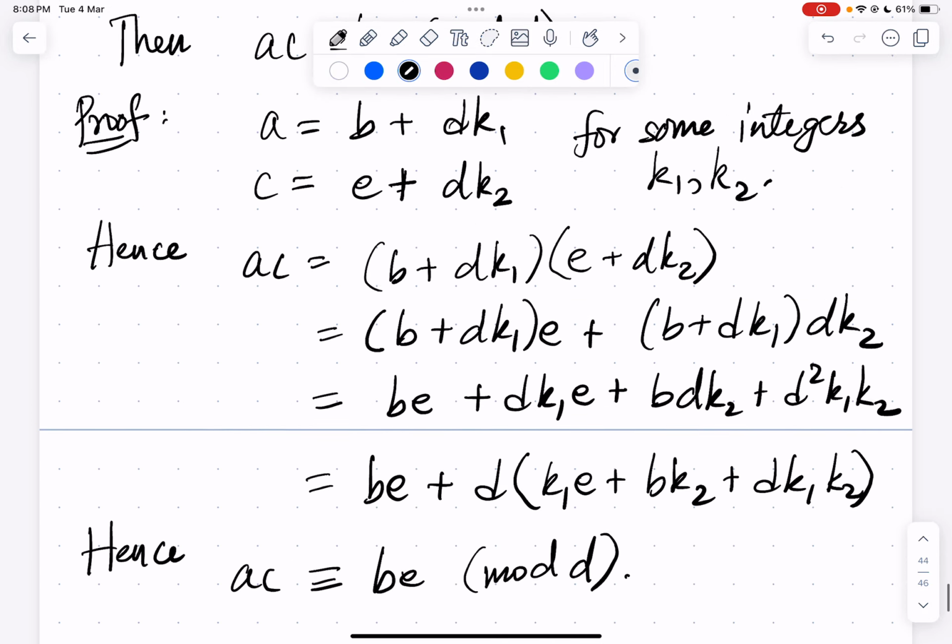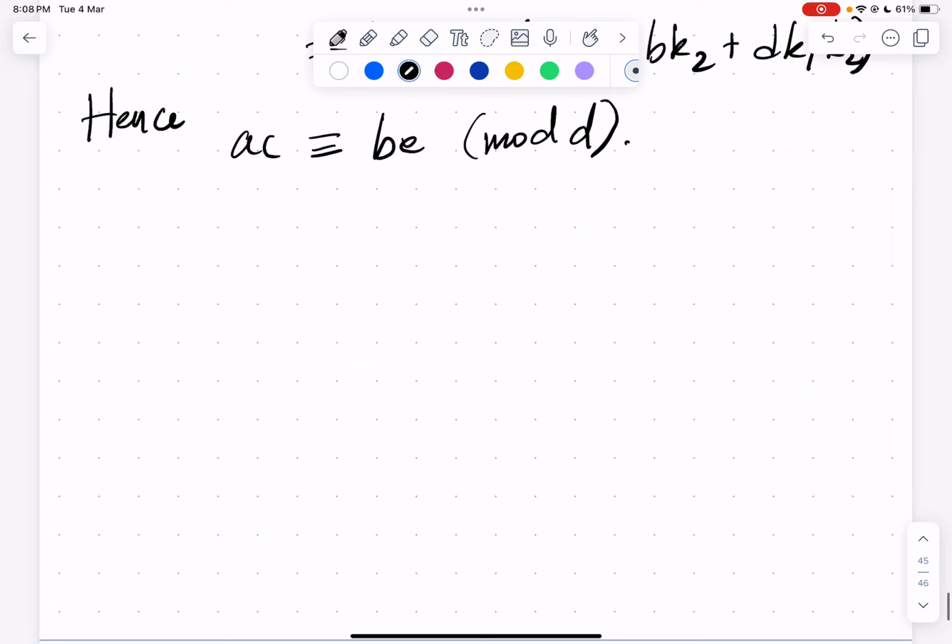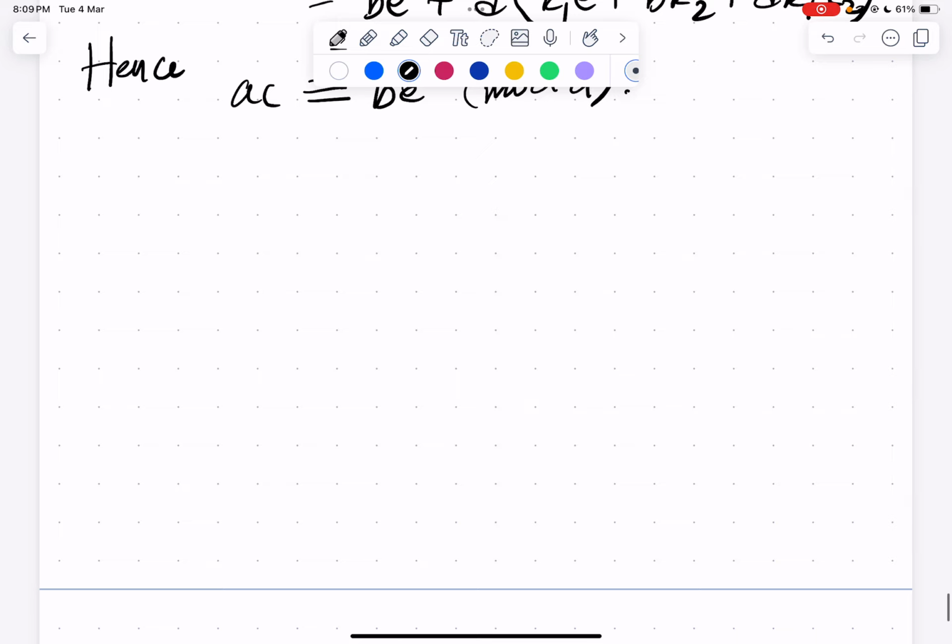Okay, so why do we care about such a modification of equality? Well, here are some examples to show the usefulness of these. This example is for divisibility by 9.